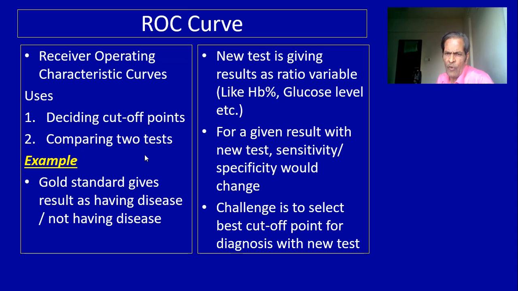In case of hemoglobin, for example, if 9 grams is chosen as the diagnostic level, then the sensitivity and specificity would have some value. If it is changed to 10 grams, then the sensitivity and specificity values would change for the new diagnostic test. Same with the glucose level also. The challenge is therefore to select the best cutoff point for the diagnosis with the new diagnostic test.